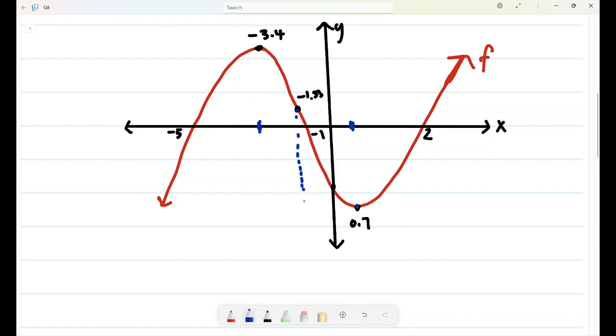Somewhere below, I don't know where, but we'll just end here. And say this point here is negative 1.33. We know, right? Now let's try to squeeze in our function as smoothly as we possibly can.